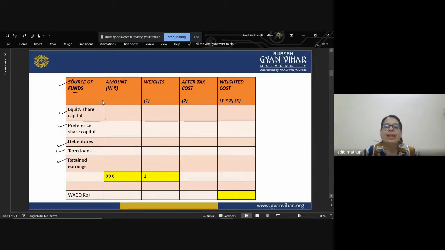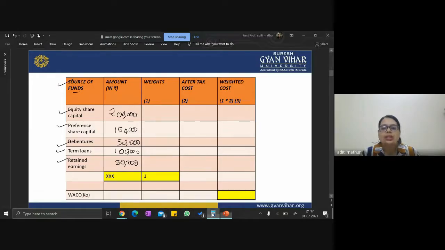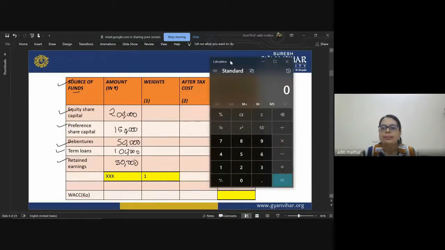Let us assume that there is a company which has equity share capital of 2 lakhs, preference share capital of 1,50,000, debentures of 50,000, term loan of 1 lakh, and retained earnings of 50,000. So let us just add and get the total amount of capital.